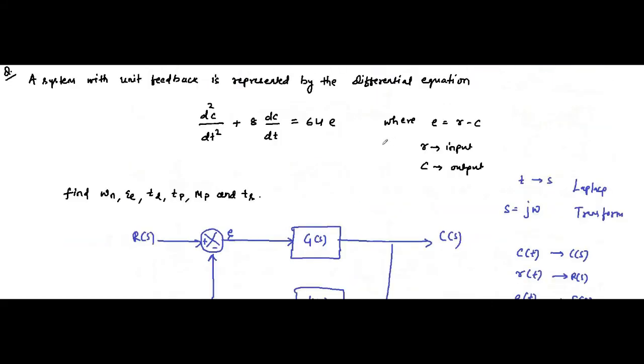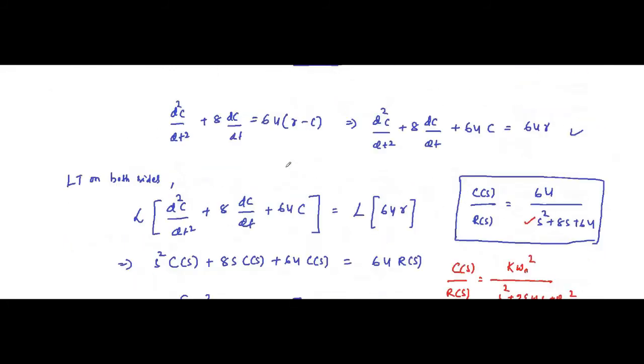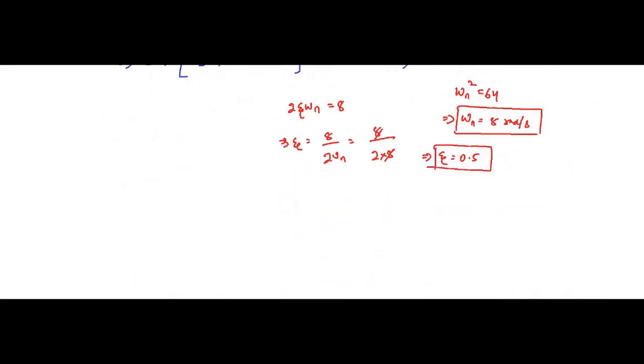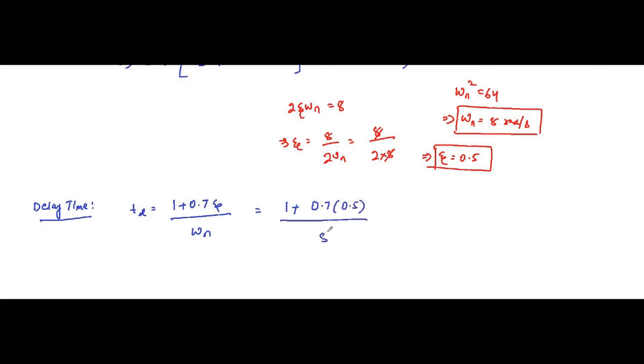Then it has been asked to find out the delay time, the time taken by the output response to reach 50% of the steady state value. Delay time TD is equal to 1 plus 0.7 zeta by omega n, which is equal to 1 plus 0.7 into 0.5 by omega n, which is 8.